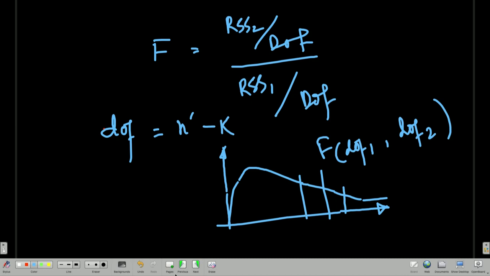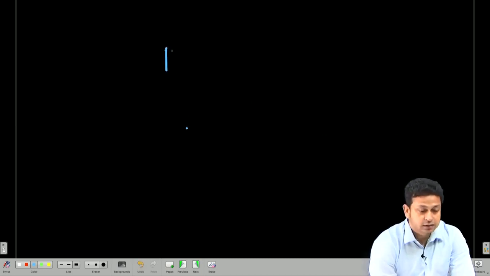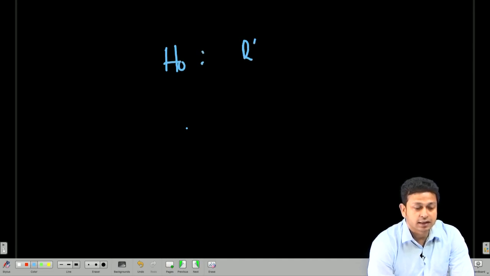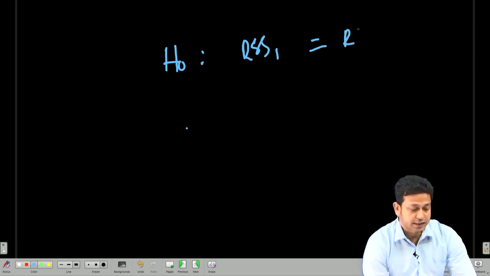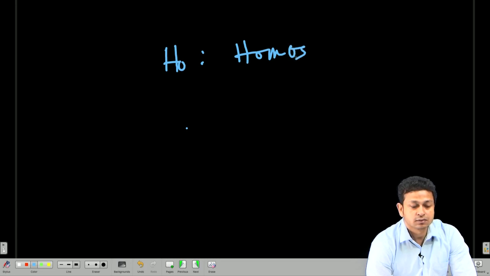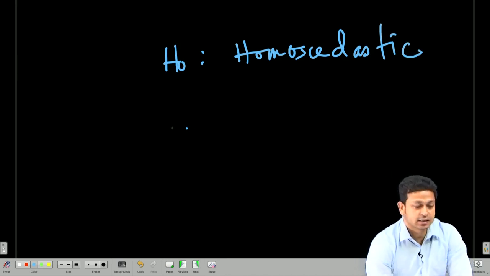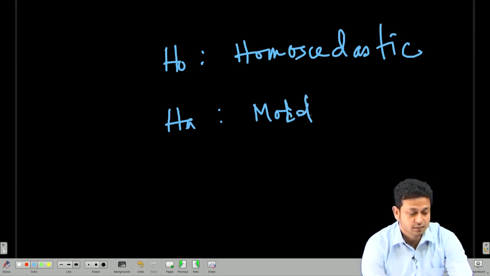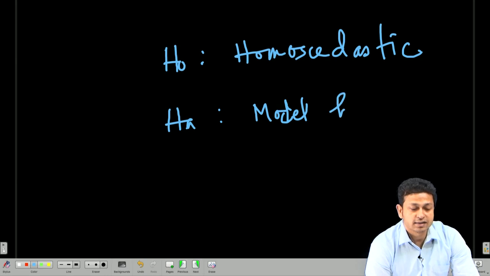So the null hypothesis H naught is that RSS1 and RSS2 are equal, or basically we can simply say the model is homoscedastic, so there is no heteroscedasticity, whereas H1 is that the model has heteroscedasticity.